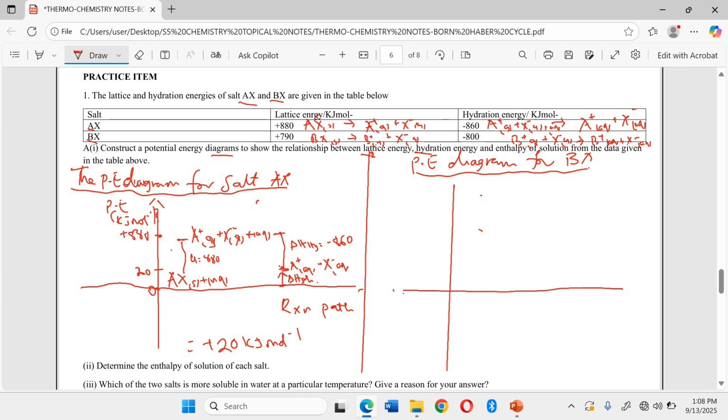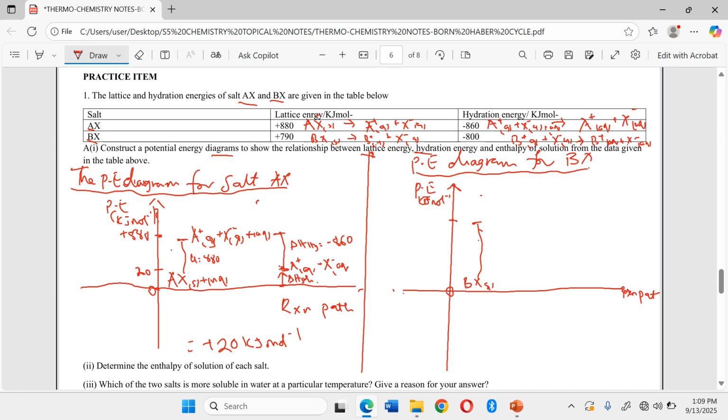We said this is the potential energy in kilojoule per mole, and this is the reaction path. Where are we starting from? We are starting from our BX solid, which is breaking into its gaseous ions, and that is the lattice energy.